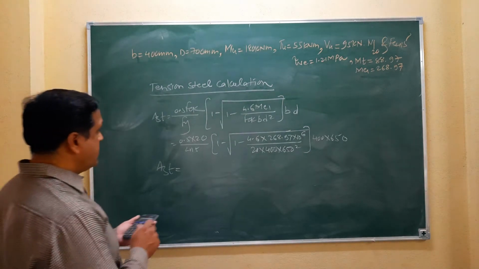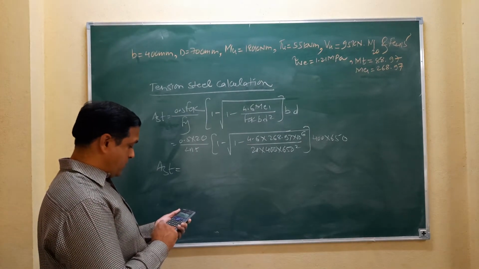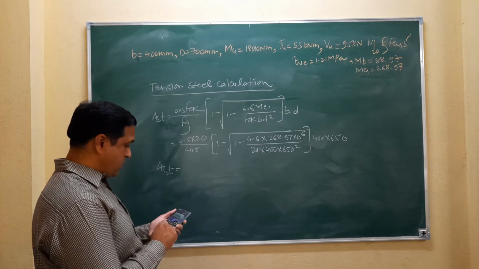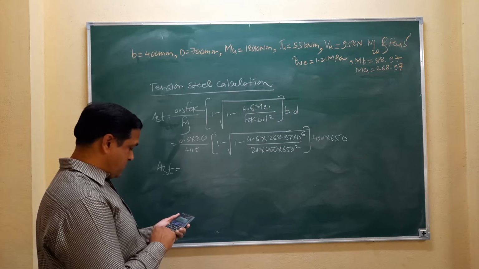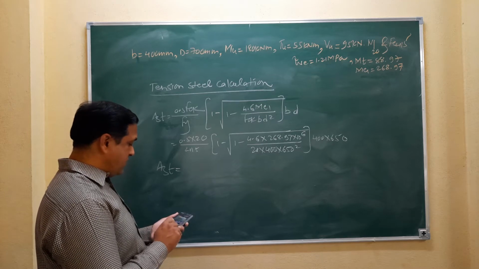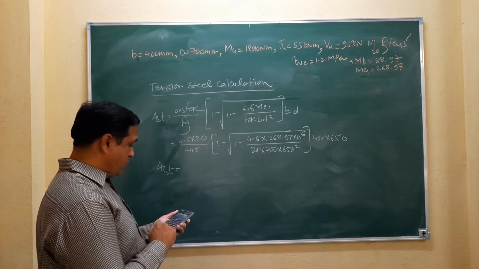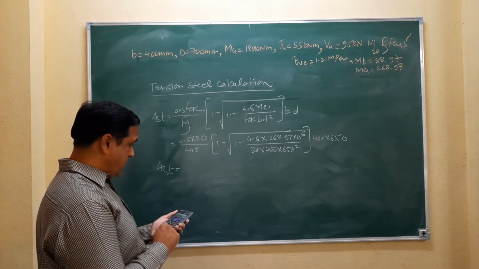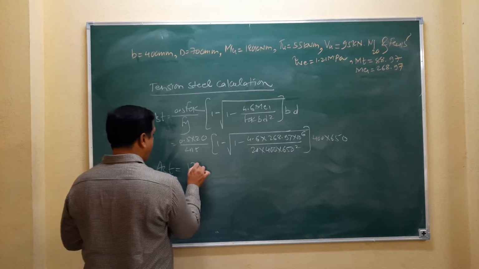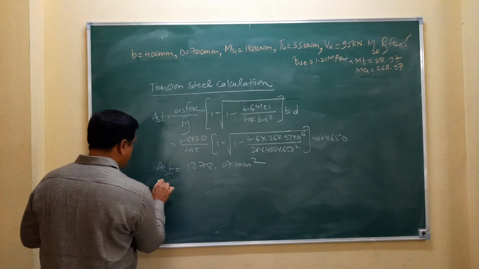Please calculate this, I will try. 268.97 into 10 raised to 6 divided by 20 into 400 into 650 into 650, we get 0.366. 1 minus 0.366 under root of this value, 0.796. 1 minus 0.796, into 0.5 into 20 divided by 415 into 400 into 650. The value is 1278.07 mm square.